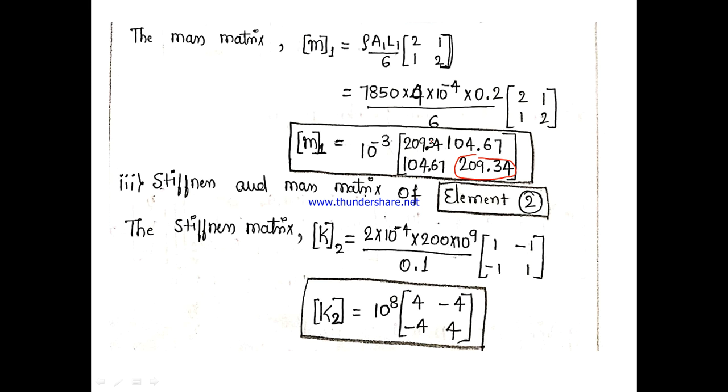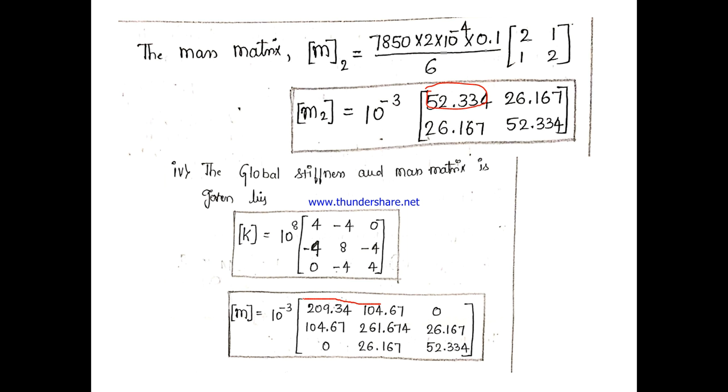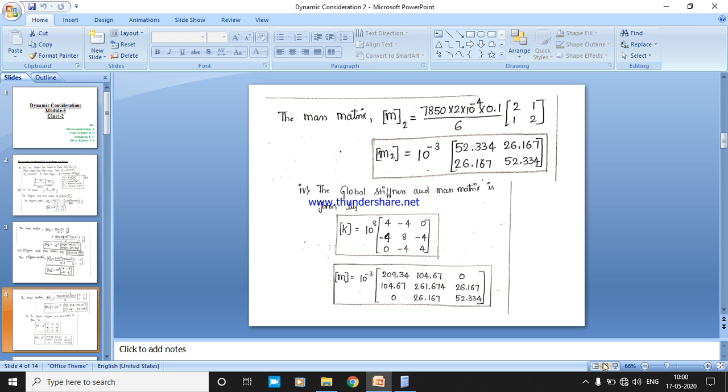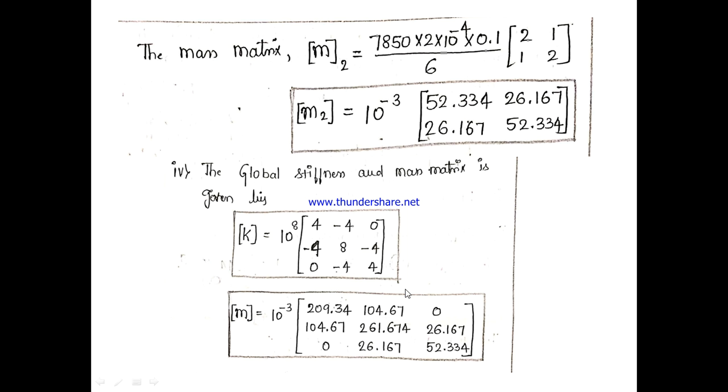The upper triangular matrix 209.34, 104.67, 104.67 remains as it is here, and in this case the lower triangle remains the same. Only the diagonal part in the middle is going to add this value, and the remaining entries become 0. Fine? Okay. So this is the global stiffness matrix and global mass matrix.